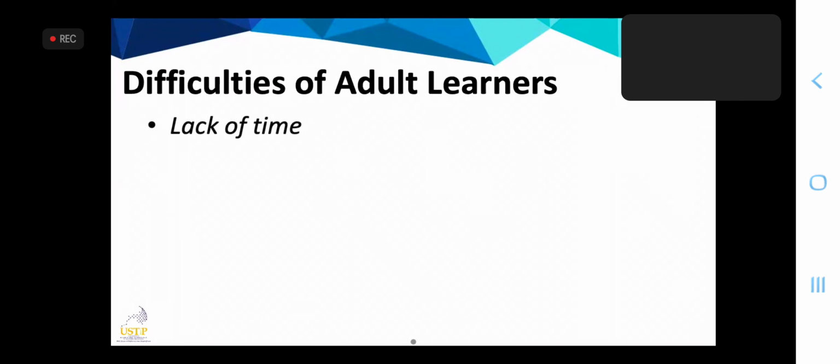When we design our IM, especially for college students, there are difficulties because our college students learn differently from elementary and high school students. But in USTP, many of our students are actually part-time in call center.